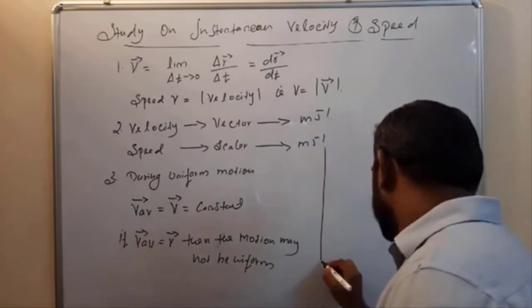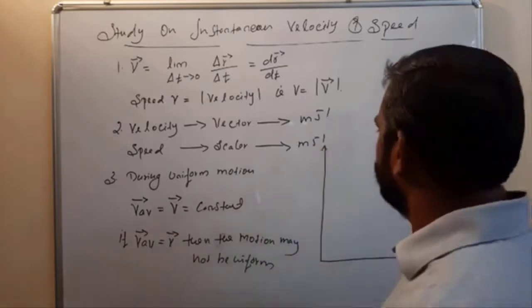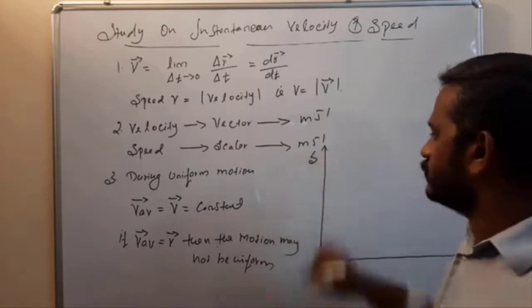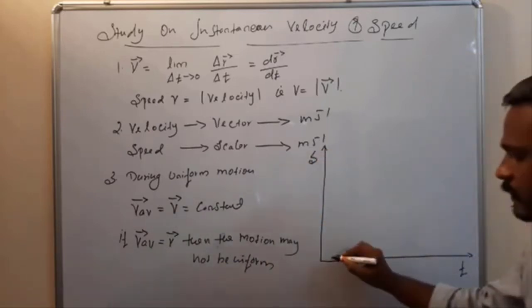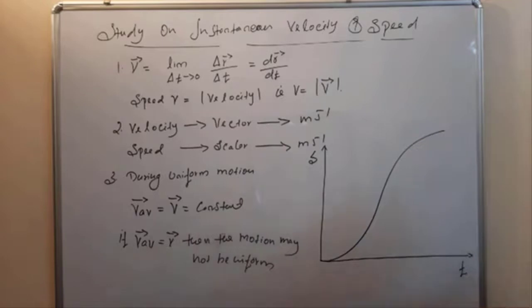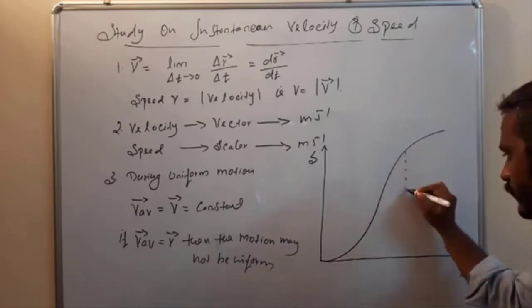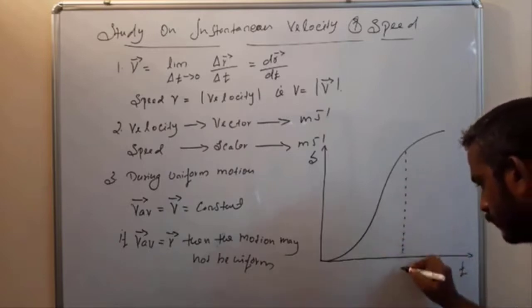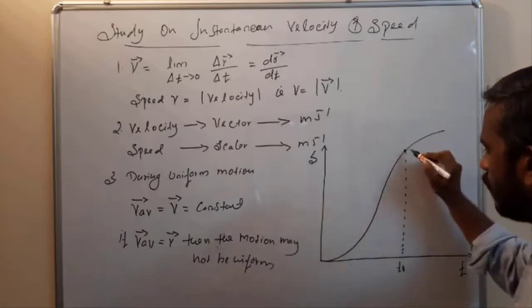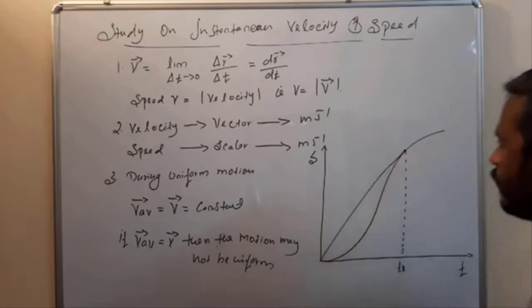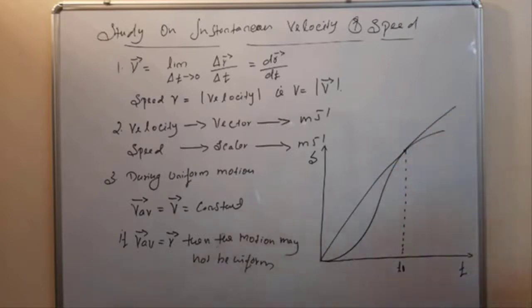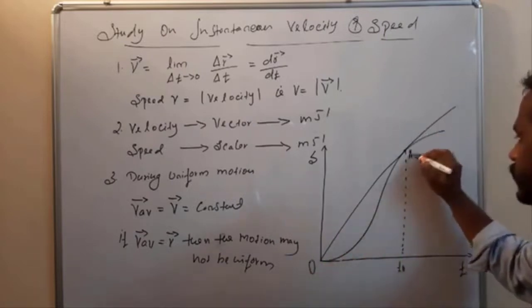From this graph, this is time and this is displacement, with T0, and this is O, this is A.